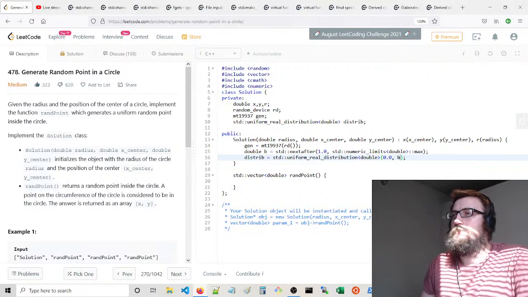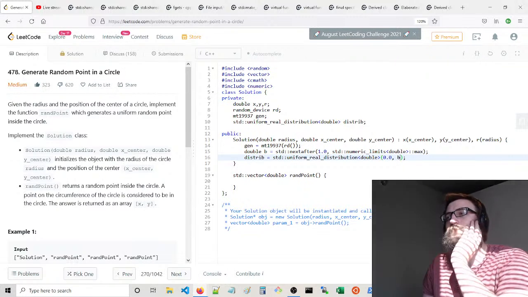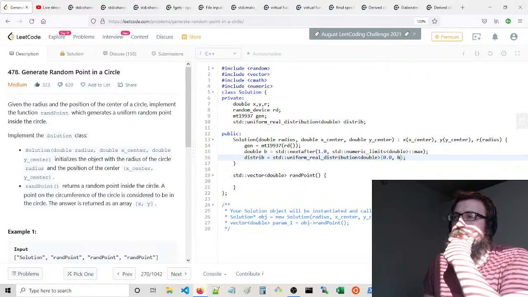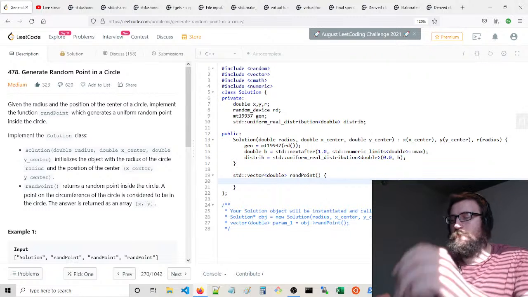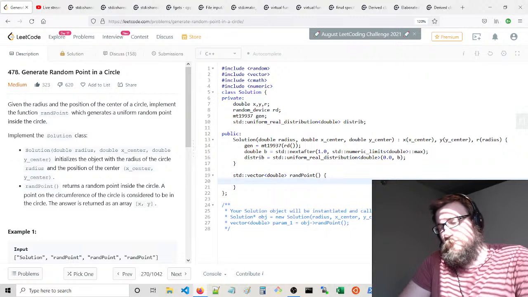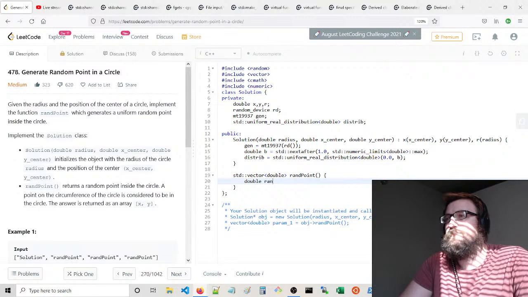And we're going to use that instead. And that's our distribution. We have a generator, we have a double, we have a distribution. And so we got a random point, we're going to say, okay, we want a random angle. Oh, yeah, we also need pi.